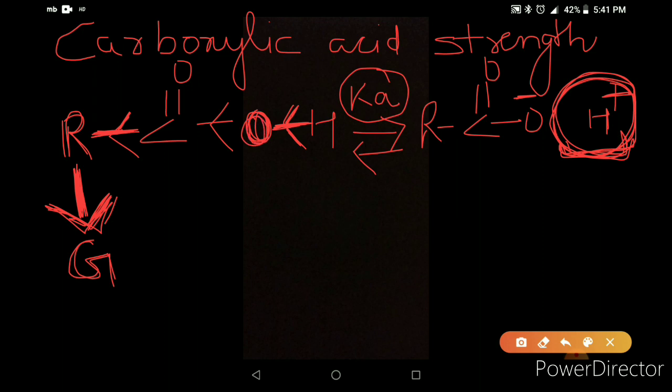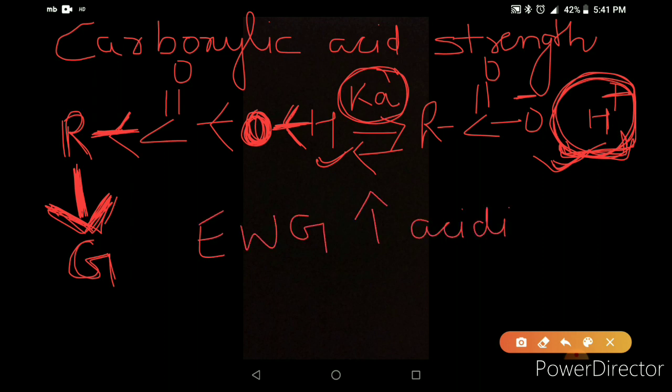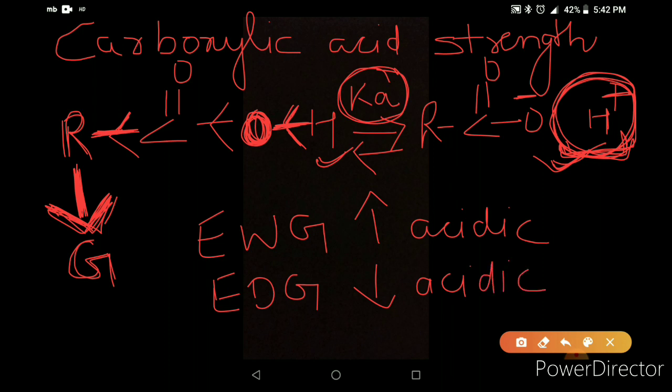So oxygen becomes even more electronegative, so the loss of hydrogen is even faster. So the more the Ka, the faster the loss of H plus, the more the acidic character. So if electron withdrawing group increases acidic character, then electron donating group will decrease acidic character.